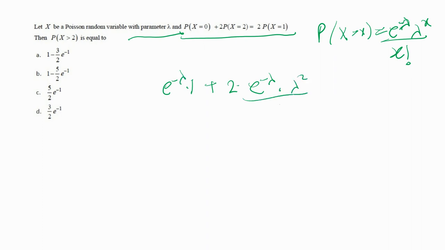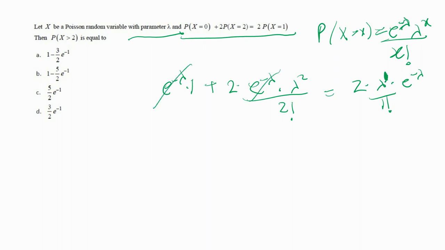Divided by 2 factorial, and this is equal to 2 times lambda to the power 1 times e to the power minus lambda divided by 1 factorial. So e to the power minus lambda is not equal to 0, so we can cancel it out.